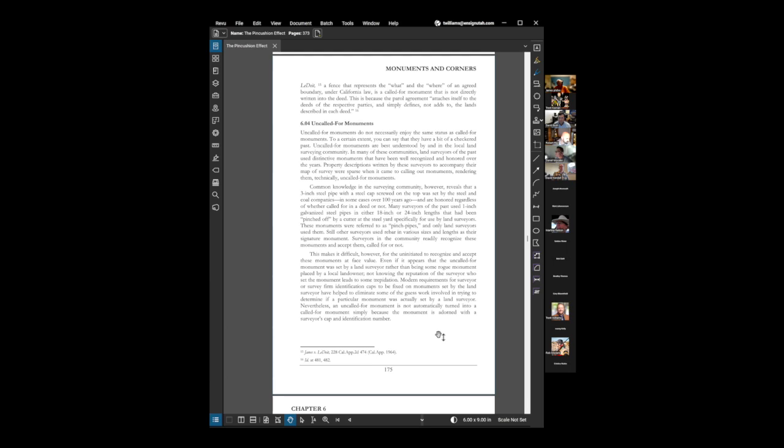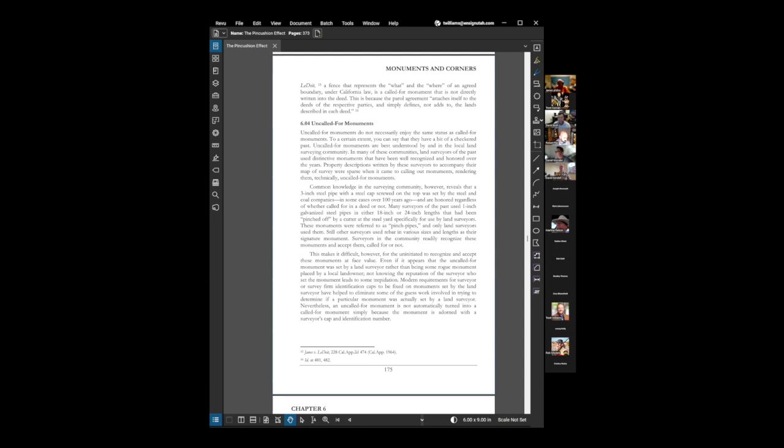But you need to understand whether those original monuments are in their original location or not, and that's a matter of proof.